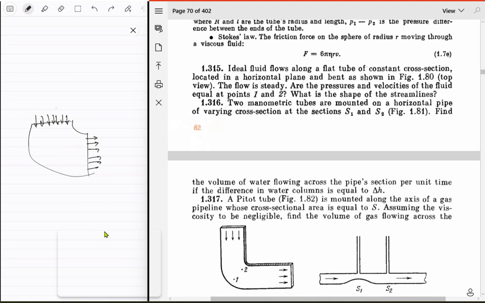I think you can assume there's some symmetry to this thing, and then let's just say that the streamlines are in the form of circular arcs or something. It could be, right? So if the shape of the streamlines is just circular arcs, then using the continuity equation, you could just say that throughout this streamline, your speed is the same, right?